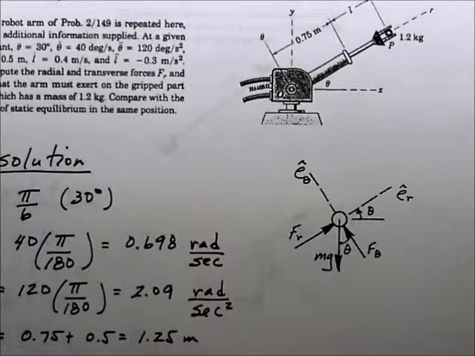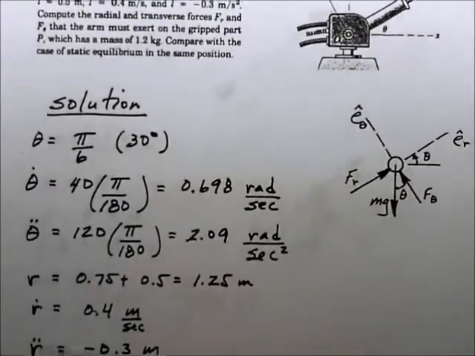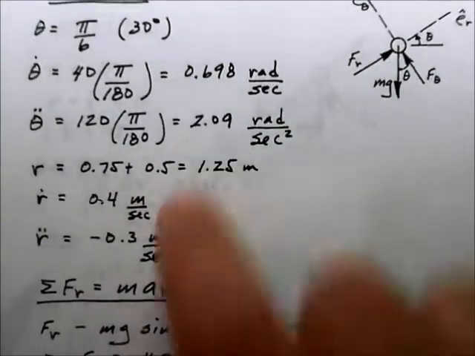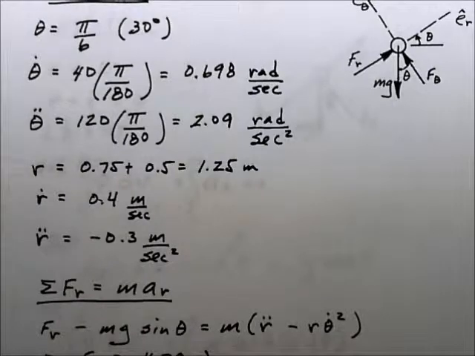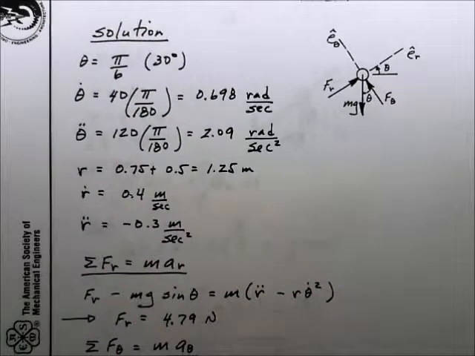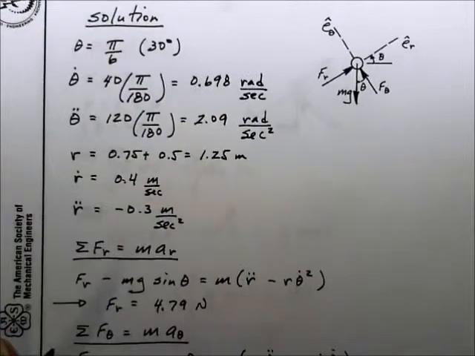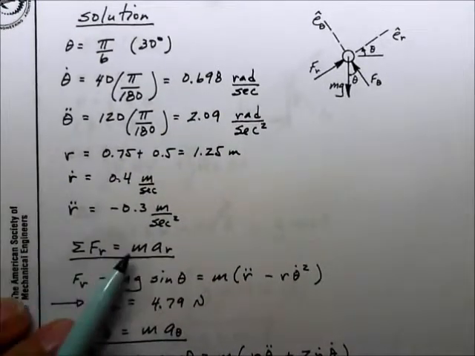All we have to do at this point is say sum of forces in the radial direction equal mass times acceleration in the radial, and do the same thing in the transverse direction, and apply all of these numbers. Let me zoom out just a little bit to fit a bit more on the screen. So, sum of forces in the radial direction.